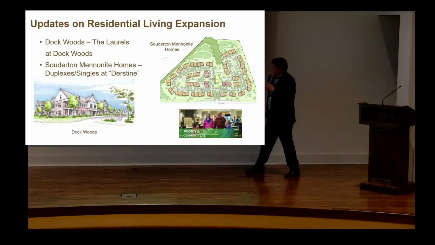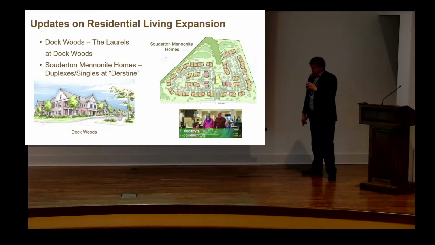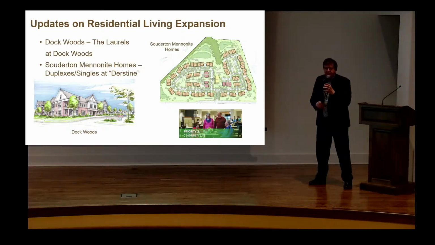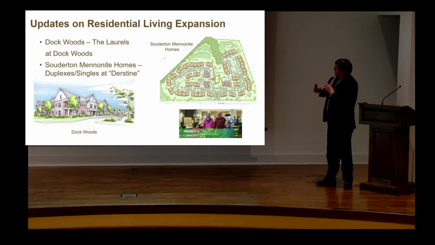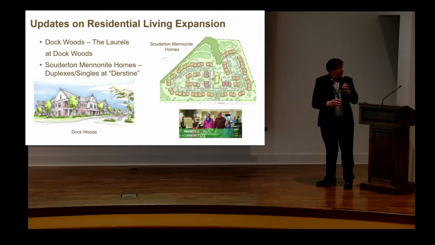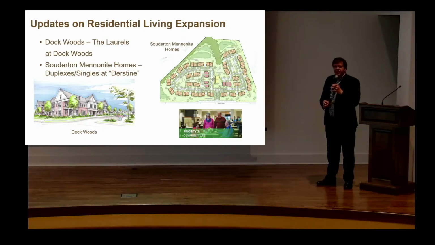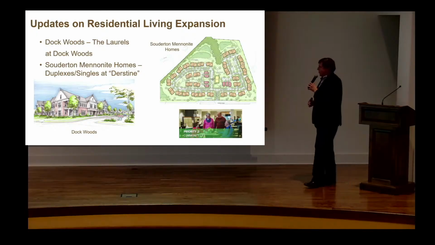This comes off Cowpath Road, approximately across from the entrance into Kingsfield. So 69 units total. We're still working to get through all the township approvals. Some people think we might get started this fall. That would be wonderful. I would hope at the latest next spring, but we'll see what happens with that.